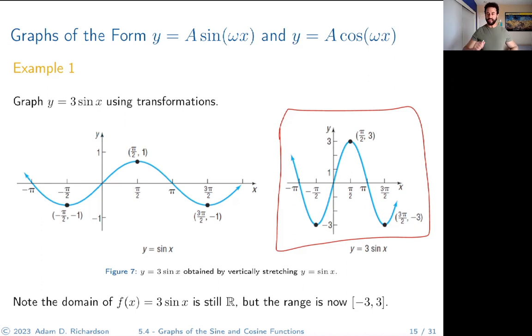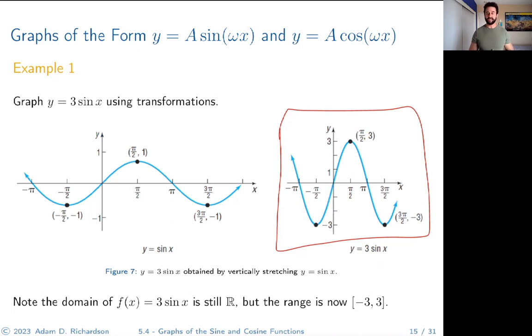It's just stretched vertically. I'll point something out, and this is one of the reasons why your graphs need to have labels. They need to be labeled well. If you just look at these two pictures side by side, it looks like the picture on the right has been squished horizontally, right? Like horizontally compressed. But that's not at all what has happened here.